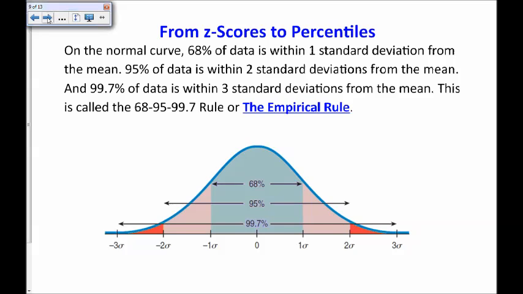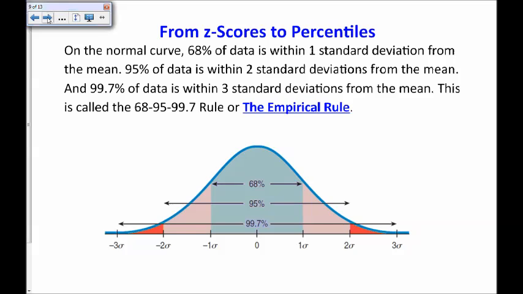On the normal curve, 68% of data is within one standard deviation from the mean. 95% of data is within two standard deviations from the mean, and 99.7% of data is within three standard deviations from the mean.